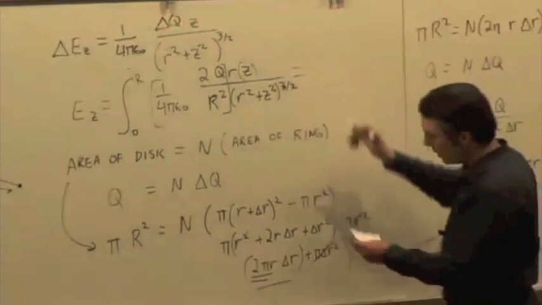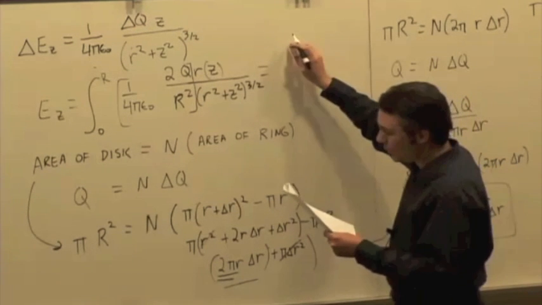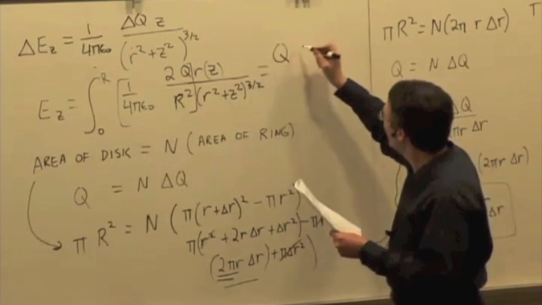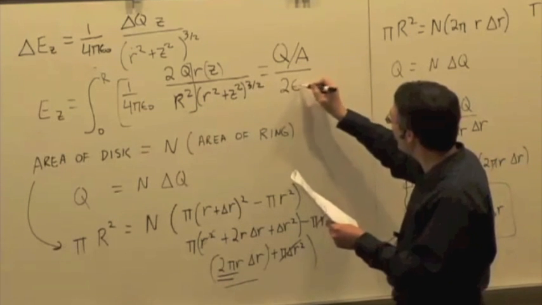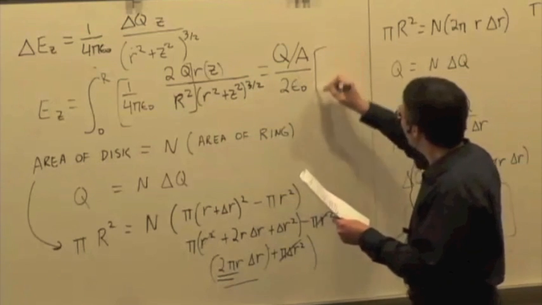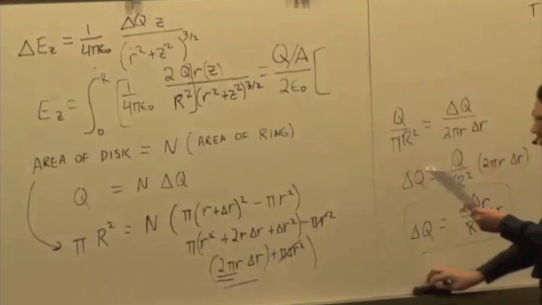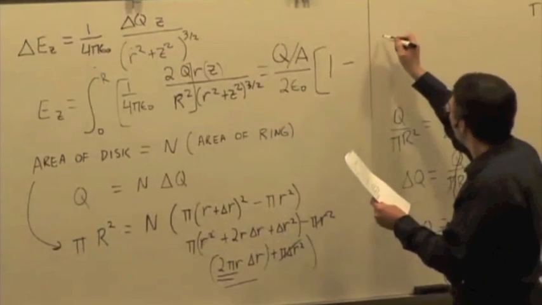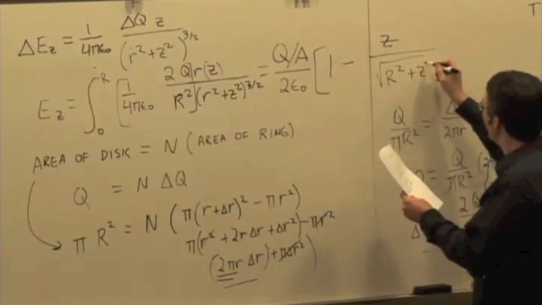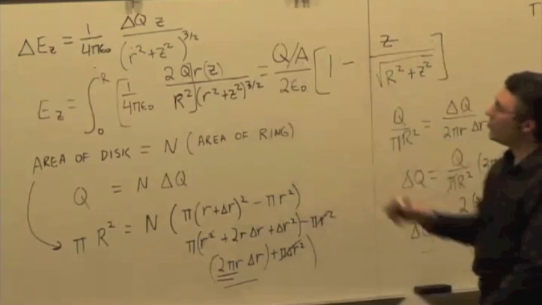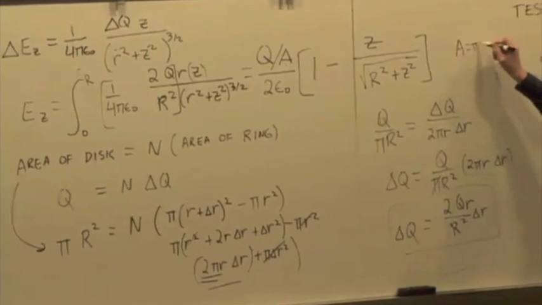You do that integral, you end up with a rather ugly-looking expression, which is Q over A, and I'll tell you what A is in a second, divided by 2 epsilon 0, times all this stuff in parentheses here: 1 minus z over the square root of capital R squared plus z squared, where A is the area of the disk, and the area of the disk we said is pi times capital R squared.